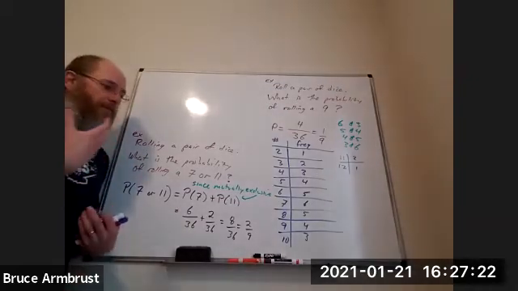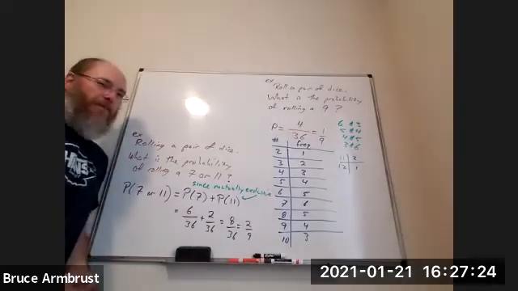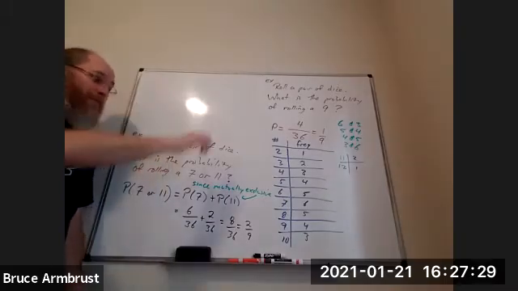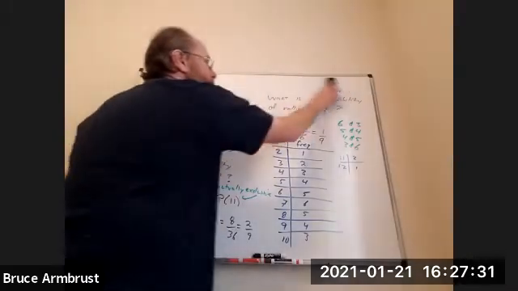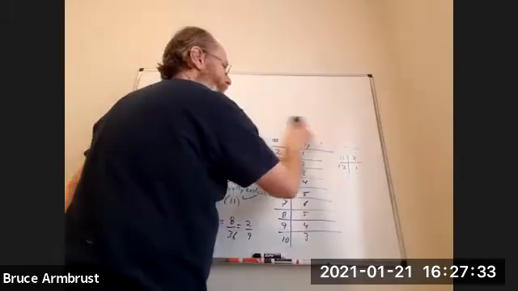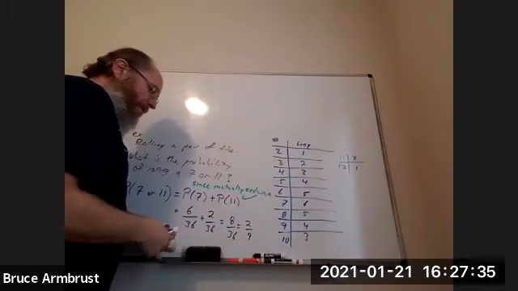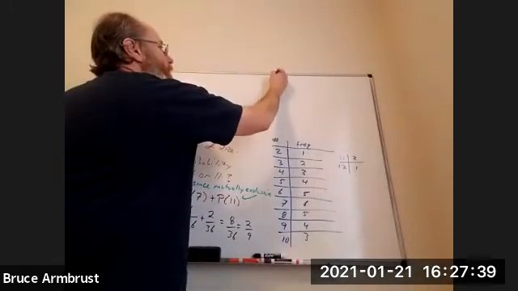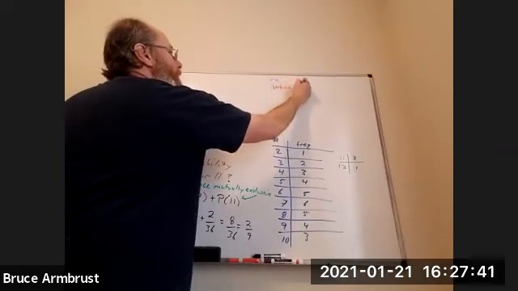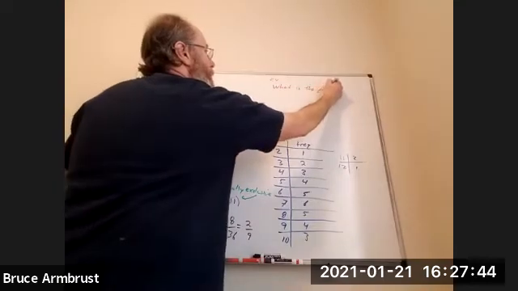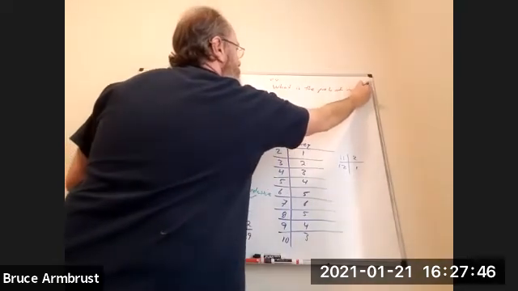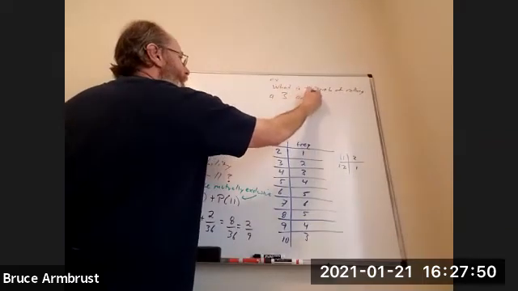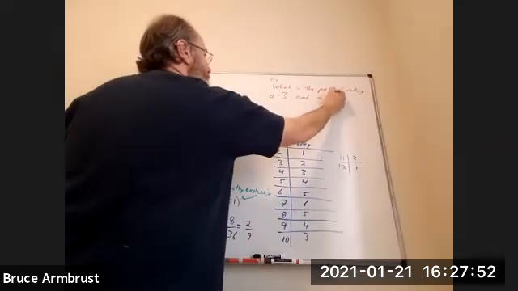Okay, now, I can't really do a probability of and. I mean, I guess we can. It doesn't really make much sense with dice, but let's just, for the sake of doing it, suppose you are asked, what's the probability of rolling a 3 and an 8?